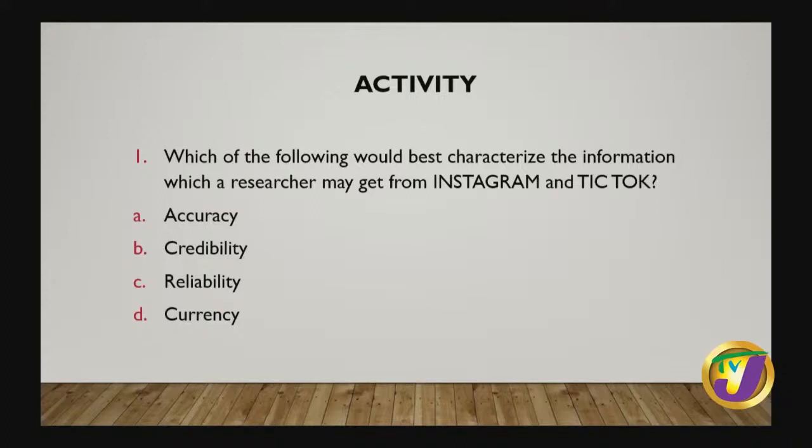Which of these would characterize the information? Is it A, accuracy? Is it B, credibility? Is it C, reliability? Is it D, currency? Think about it, students. Instagram, TikTok, accuracy, credibility, reliability, currency.